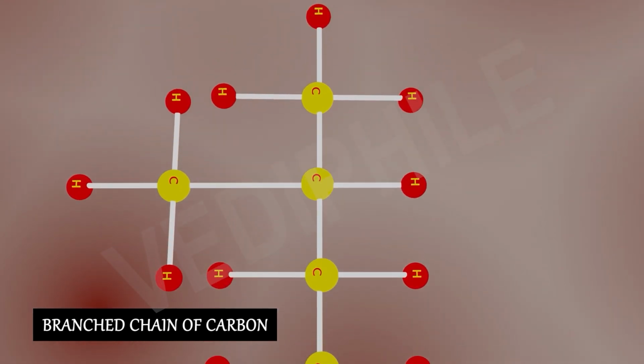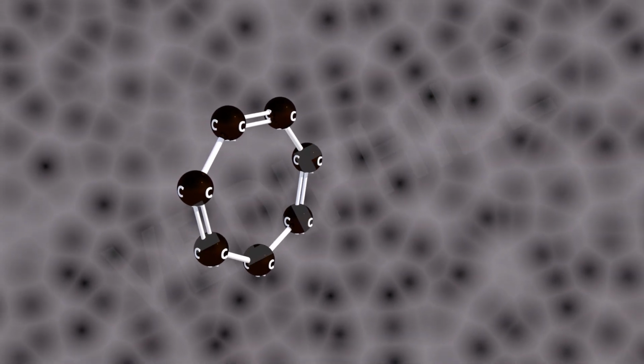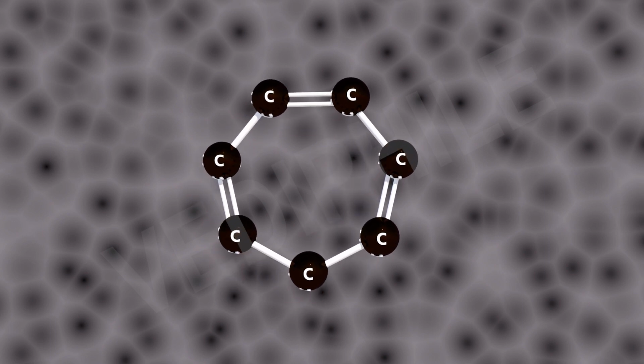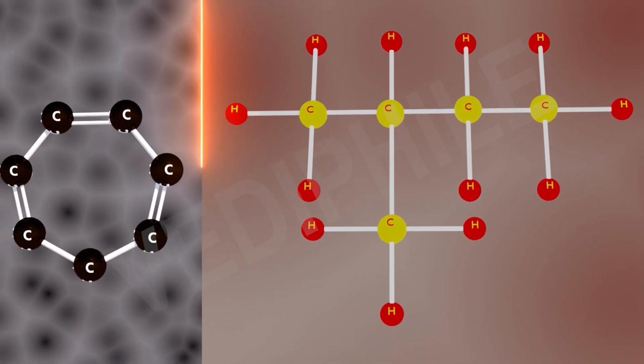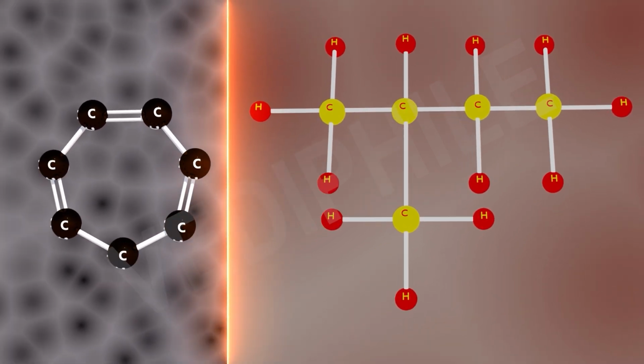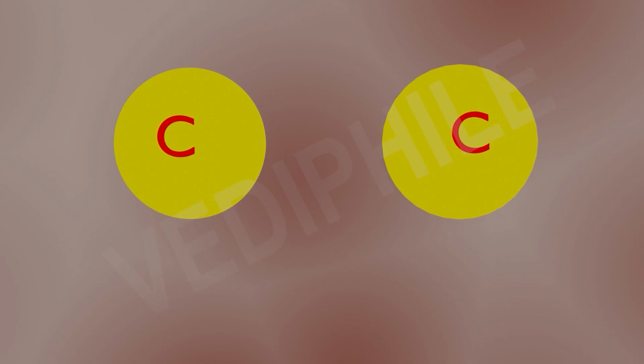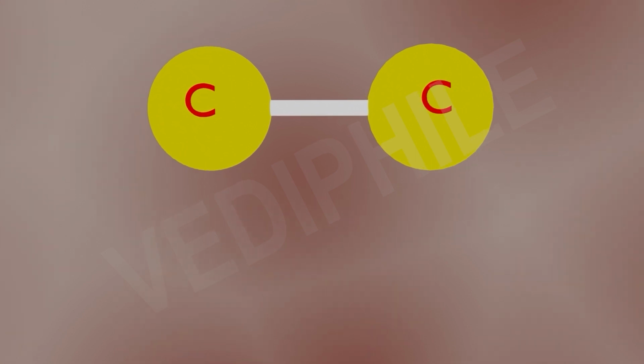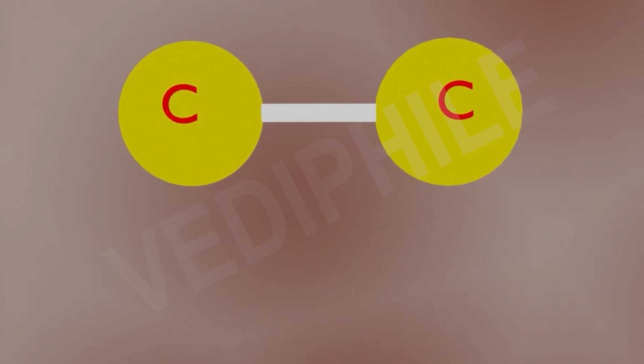Even because of this property, carbon chains can be arranged in ring form also. Apart from ring structures and branched chains, carbon can form a long chain of carbons. Carbon has the unique ability to form bonds with other atoms of carbon.